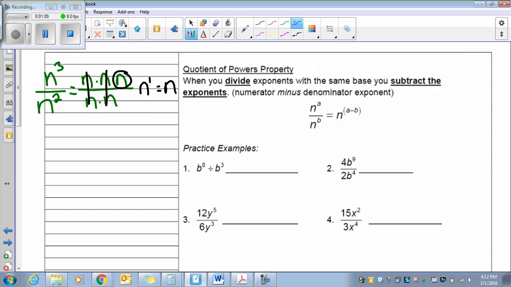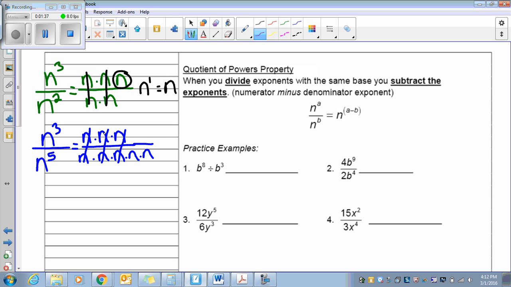Likewise, if we did this again, instead we said maybe n to the third divided by n to the fifth. Again, if we expanded this out, this would say n times n times n divided by n times n times n times n times n. Again, we can cancel out these because when we divide a number by itself, you would get 1.